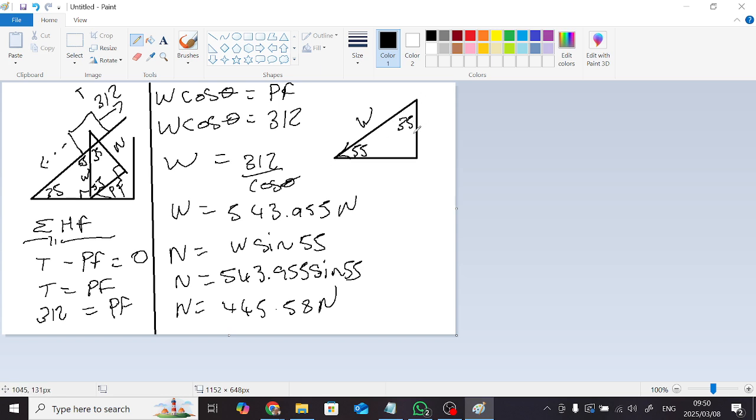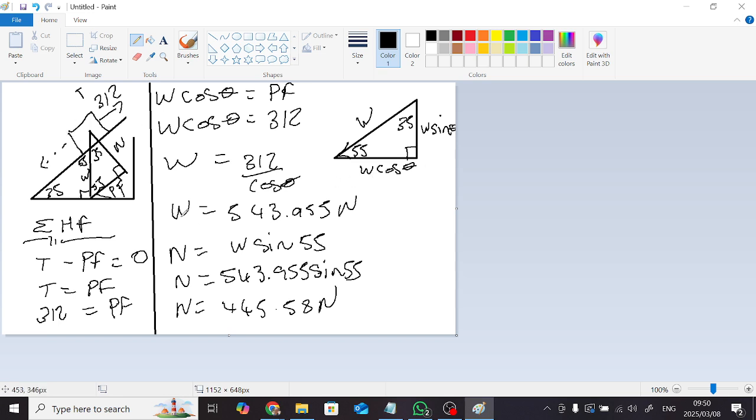So if we break this into its components, this is W cos theta, and then this is W sine theta. And we broke those two up into its components. This is 90. Okay, but this is W cos theta, and this is equal to 312, because it balances that top one out.